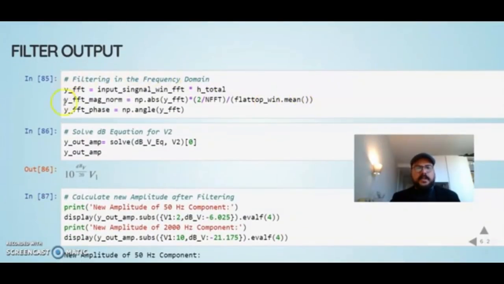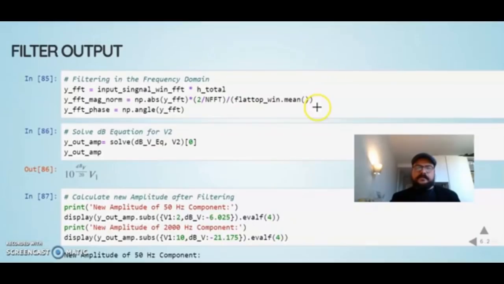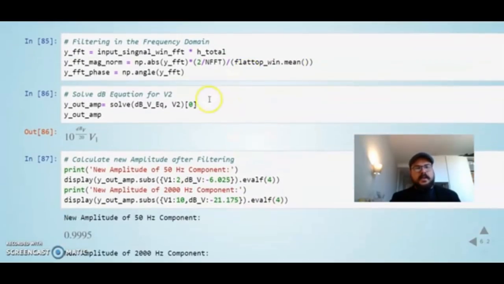So what we will do now is filter our signals in the frequency domain. We are multiplying our input signals by the cascaded filters. And then we will solve our dB equation for V2.